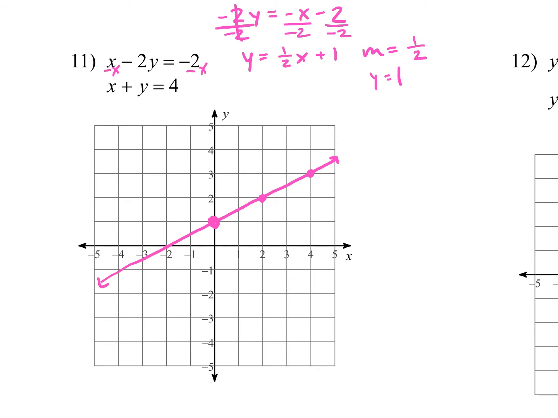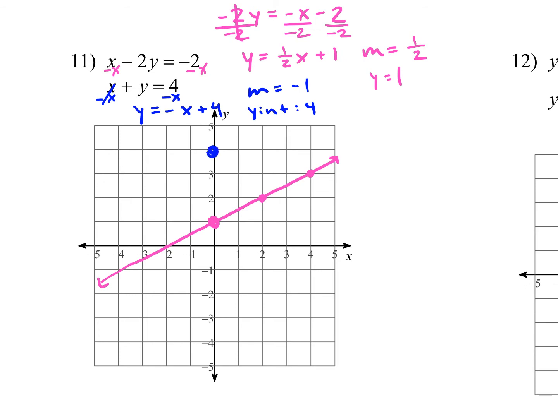For the second equation, how do I get it to be y equals? Subtract x. So I have y is equal to negative x plus 4. So what is my slope? Negative 1. And what's my y-intercept? 4. So I point at 4 first.